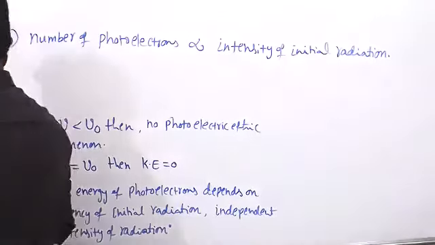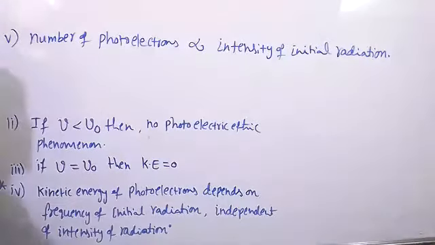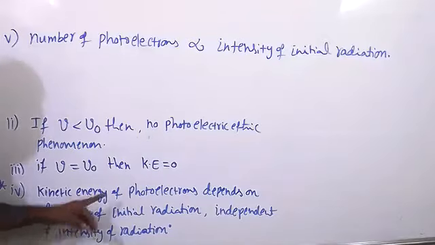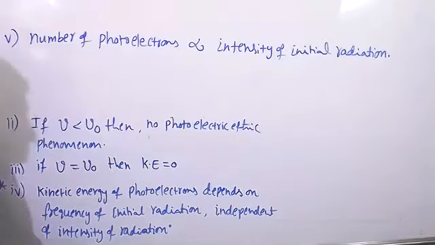Number of photoelectrons is directly proportional to intensity of initial radiation, but the kinetic energy of photoelectrons is independent of intensity. Sorry, it depends on frequency of initial radiation. So that's it. Okay, done.